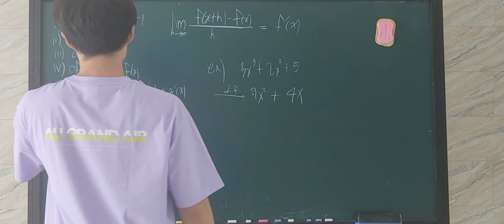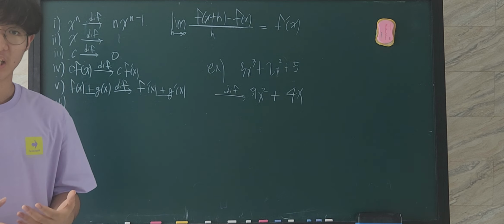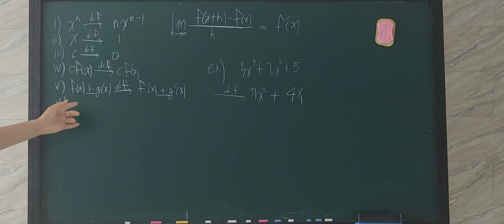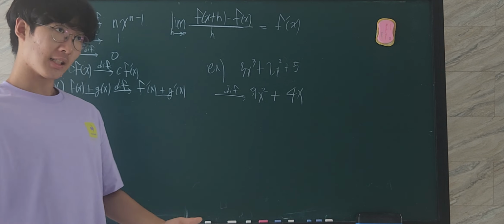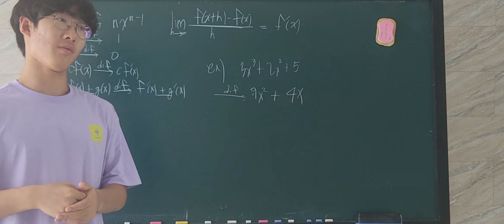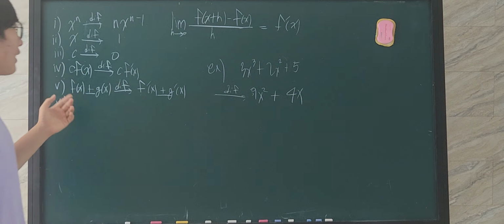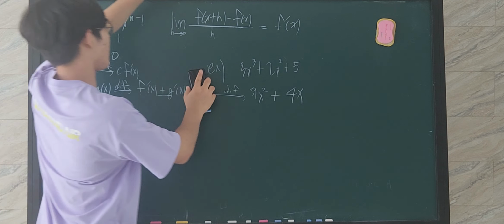Because these are going to be crucial for not only increasing your speed of solving, but also making as few mistakes as possible. Okay, so now we're going to be moving on to our sixth and last rule of differentiation for today. And we will be covering the next two rules of differentiation in our next lecture. And I'm pretty sure that those are really important rules of differentiation.